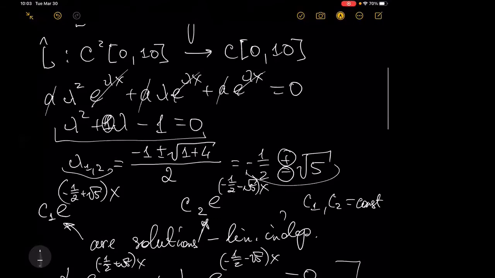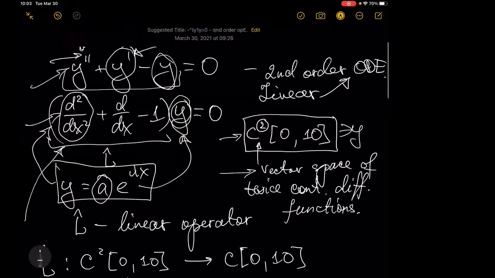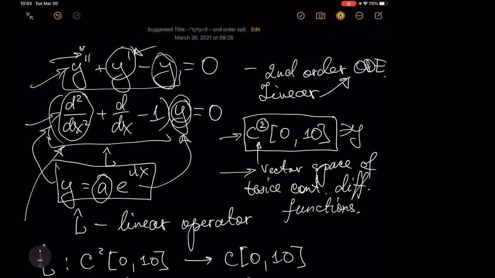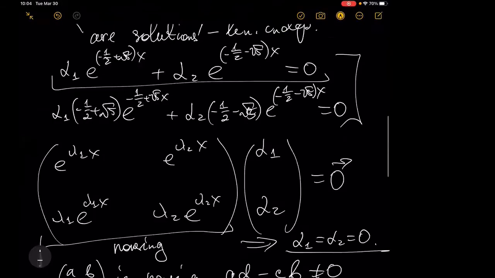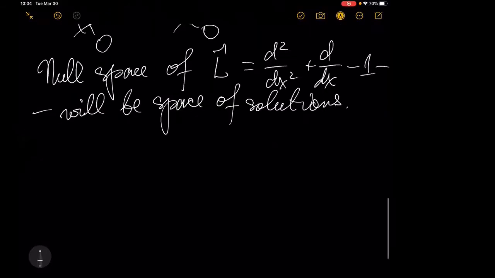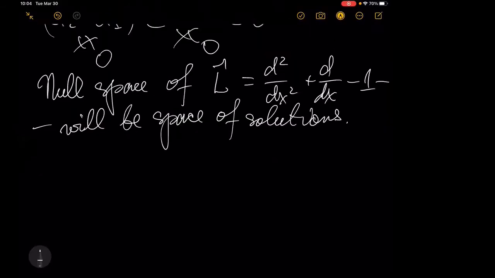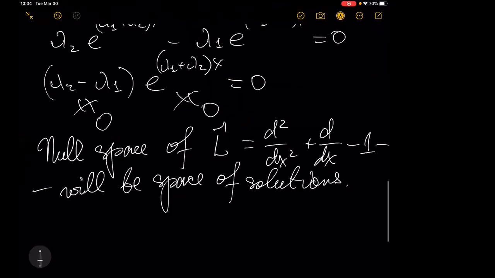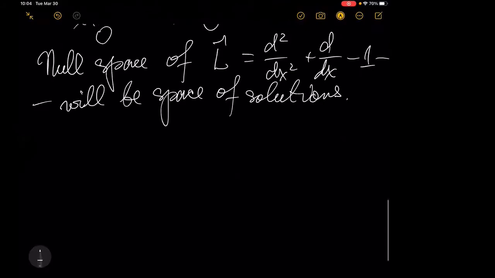Null space of a linear operator constitutes all possible y's to which you can apply your linear operator, and it will give you 0 vector. Okay, so we have proven that null space is a vector space, right? Because it's a subspace of the original vector space.